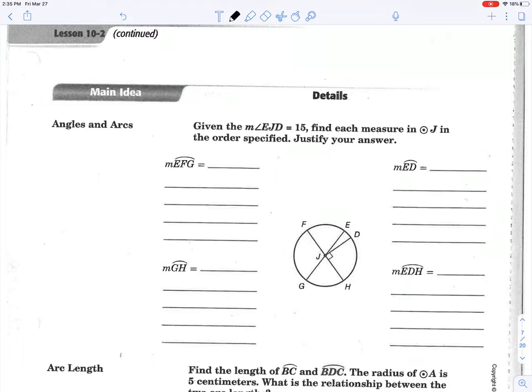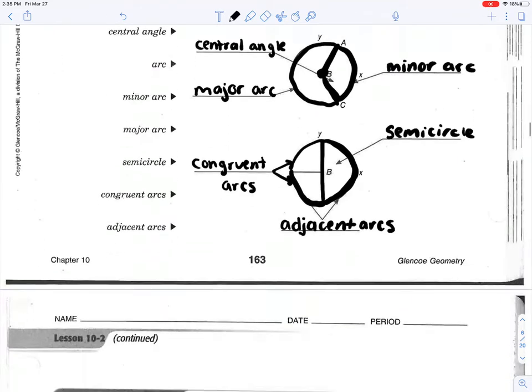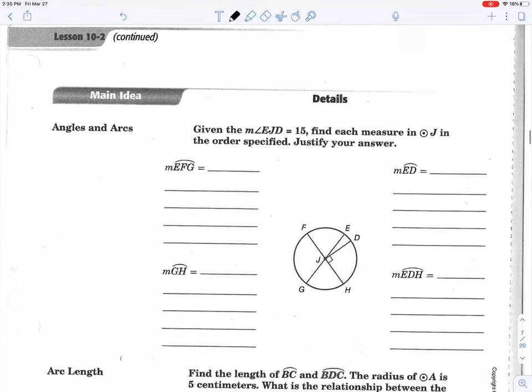Given that the measure of angle EJD is 15 degrees, find each measure in circle J in the order specified and justify your answers. If we're looking at central angles that come from the center, the measure of the angle and the arc are going to be equal. So let's start with that.